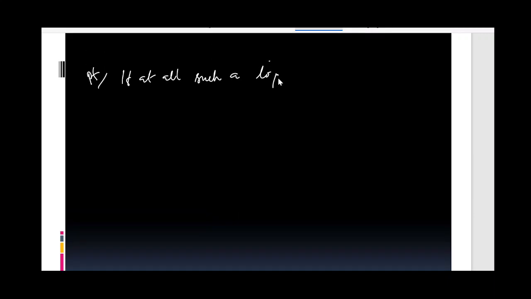Proof. If at all such a topology exists, then property 5 gives us a clue for its construction.